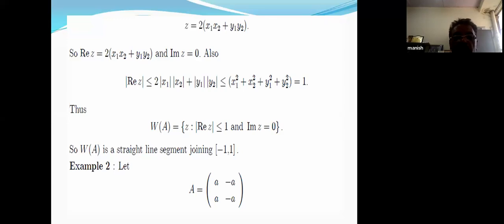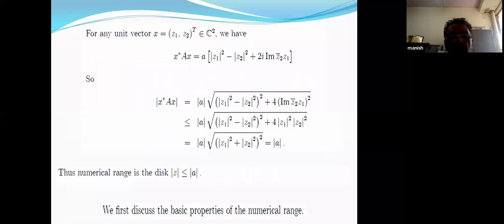So this example shows that it is lengthy to calculate the numerical range of even very simple matrices, 2 by 2 matrices. Take this second example, A is equal to this matrix with entries a, minus a, minus a. For this, we calculate in the same way, x star Ax comes out to be this expression. Now taking the modulus, it comes out to be this expression, and since the imaginary part of a complex number is less than or equal to its modulus, we have this first inequality here.